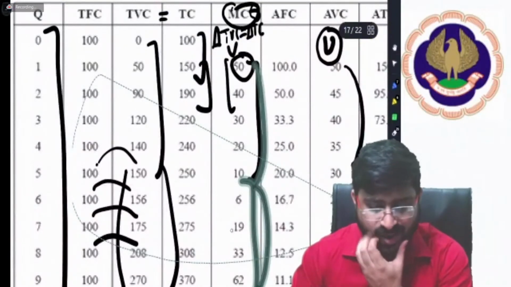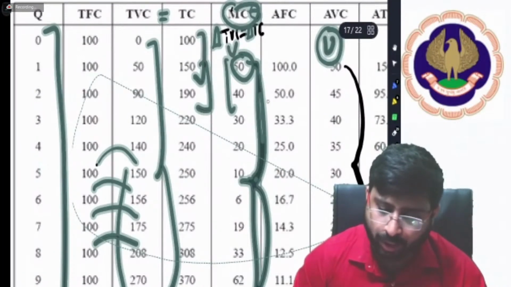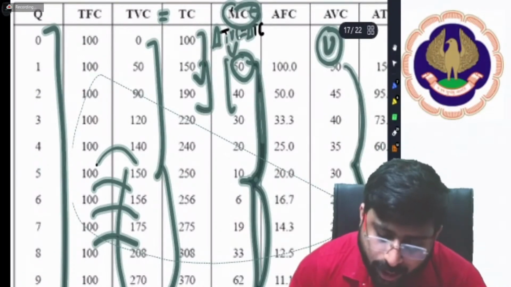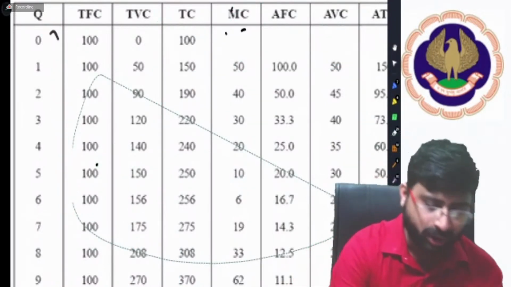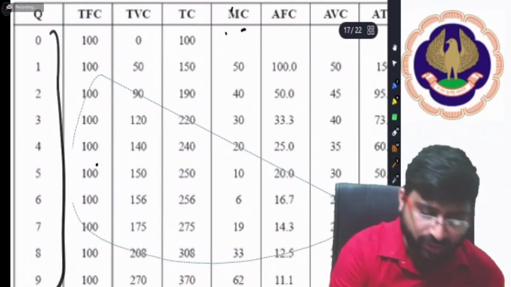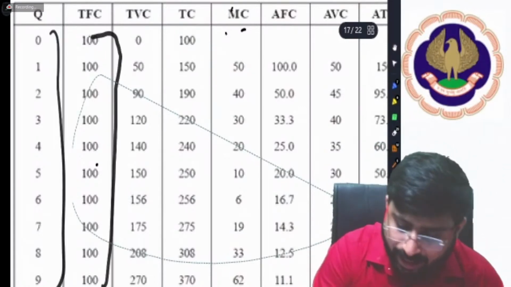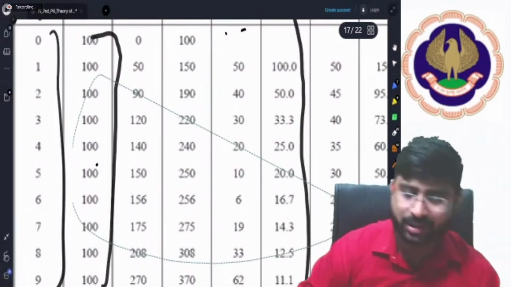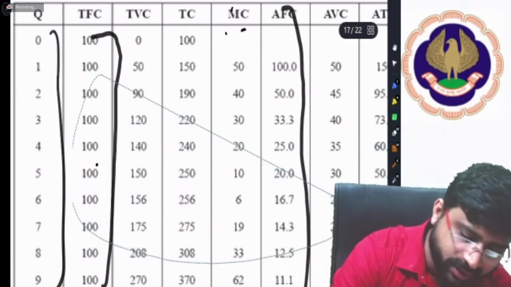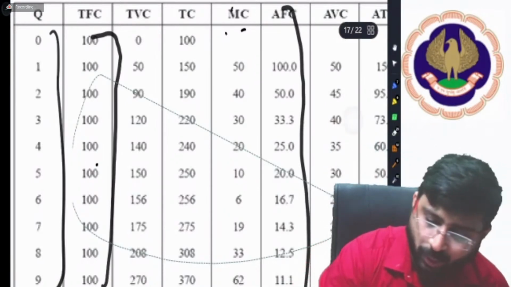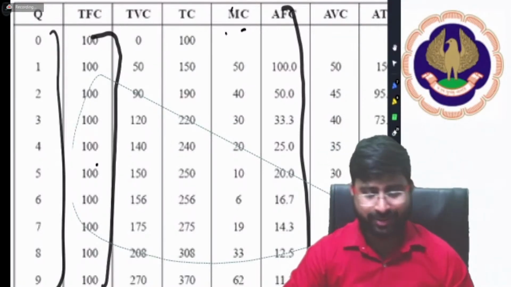If you notice here, please pay attention. Quantity is all this, and total fixed cost is this. As soon as you see the total fixed cost, look at the average fixed cost column. If quantity is 0 and total fixed cost is 100, then 100 by 0 gives you nothing.